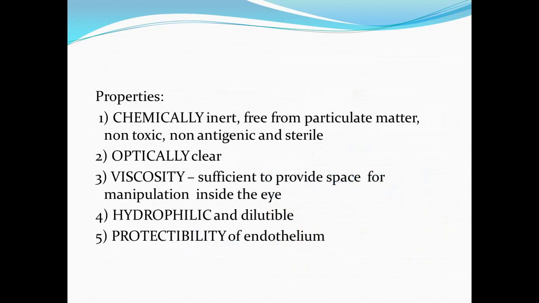They need to be optically clear so that we have a good view of the surgery that we are performing. The viscosity should be sufficient to provide space for manipulation inside the eye. This is one of the most important properties of a viscoelastic substance. They should be hydrophilic and dilutable, and they should be able to protect the corneal endothelium. So these are the properties of viscoelastic substances.